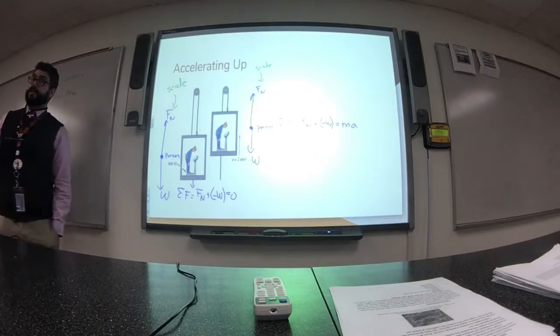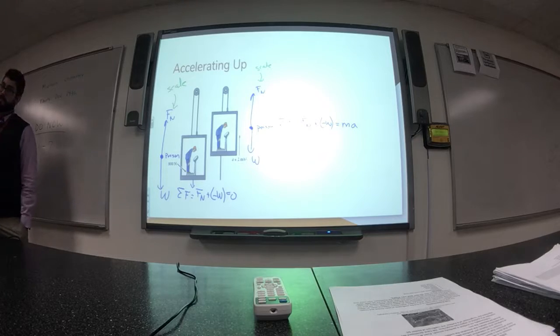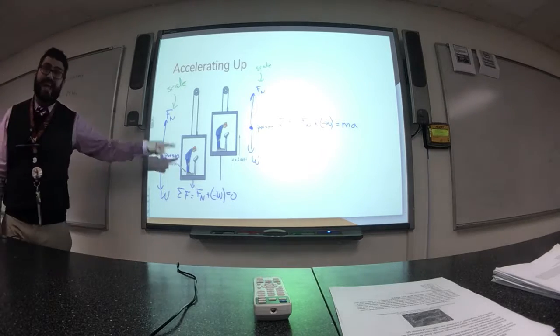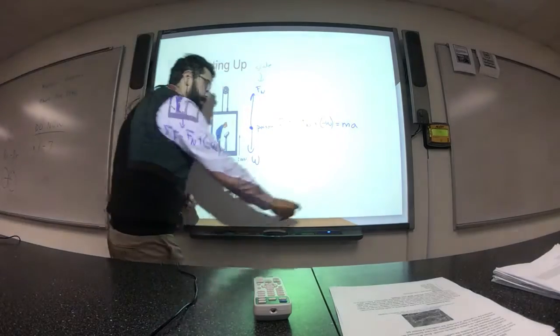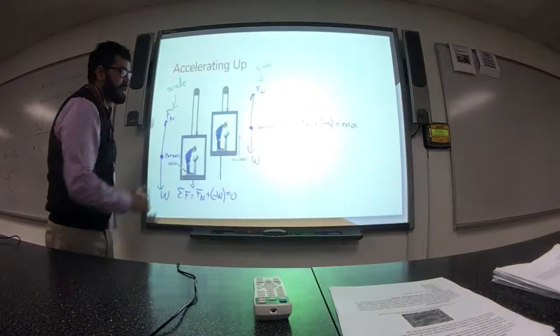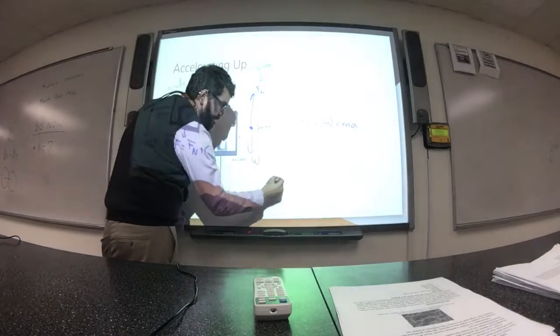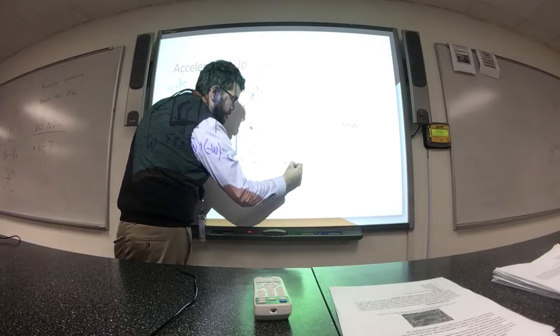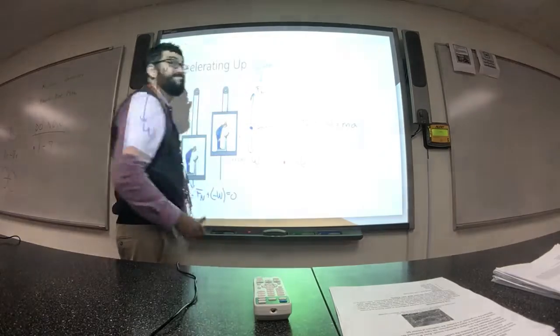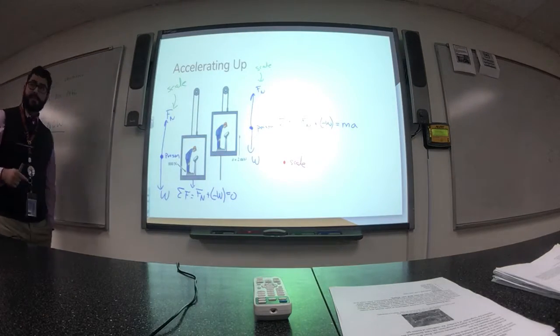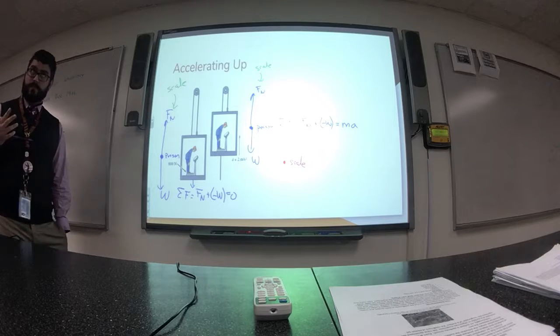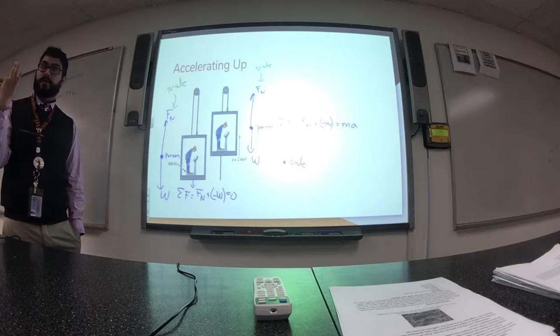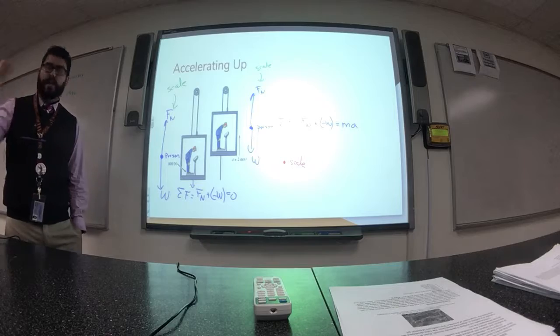Now this is why it's important to know where that normal force comes from. Because if I take a look at the scale and draw a free body diagram for the scale, the scale feels how many forces? No, 3. It'll feel a normal force from the floor pushing it up.